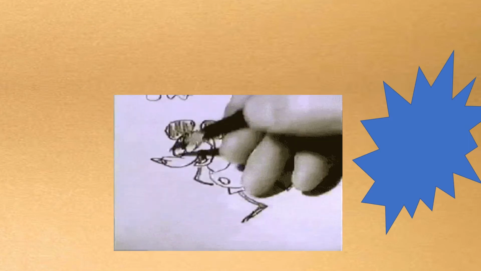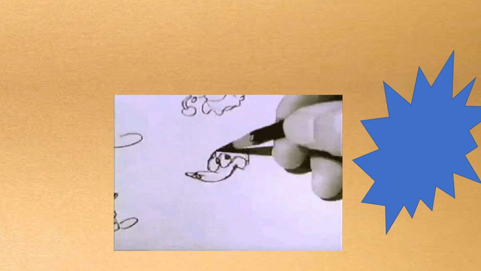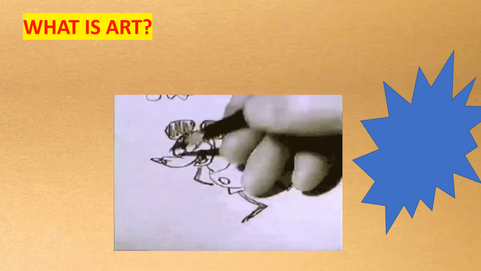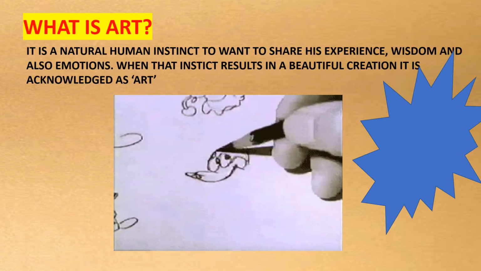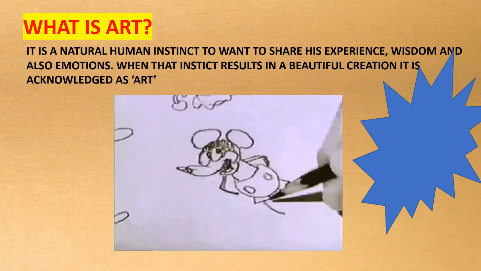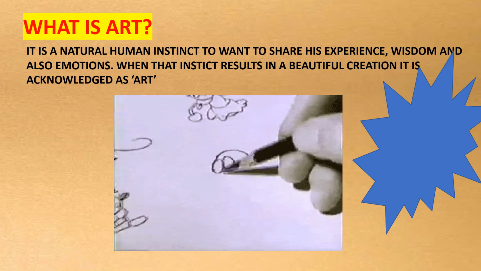What is art? It is a natural human instinct to want to share his experience, wisdom and also emotions. When that instinct results into a beautiful creation, it is acknowledged as art. In short, art is the artist's power of imagination, sensibility, state of emotion, and his skills.